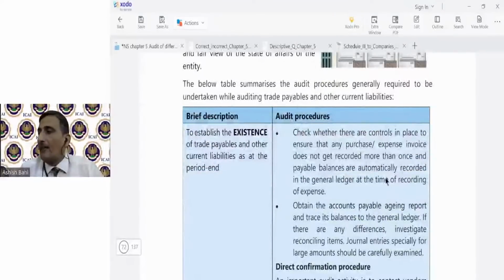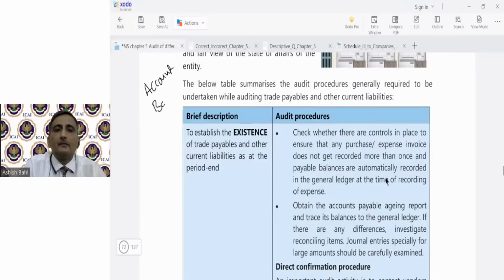So how to verify these trade payables? So we shall be testing. So trade payable is also an account balance. Now go back to the basics of assertion. Trade balance is again an account balance.